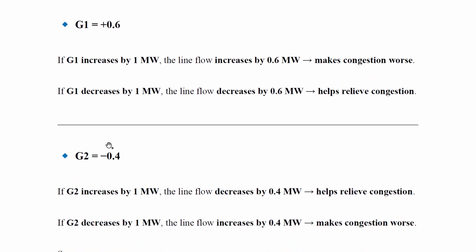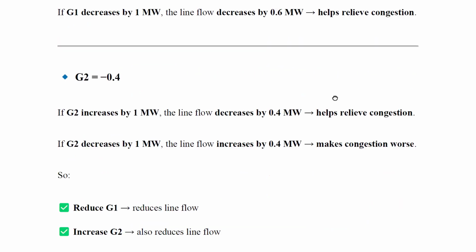For the same case, generator 2 has a GSF of minus 0.4. That means if the generator increases power by 1 megawatt, the line flow decreases by 0.4 megawatt, which helps to relieve the congestion. If generator 2 decreases by 1 megawatt, the line flow increases by 0.4 megawatt, because it is minus 0.4, which makes the congestion worse.